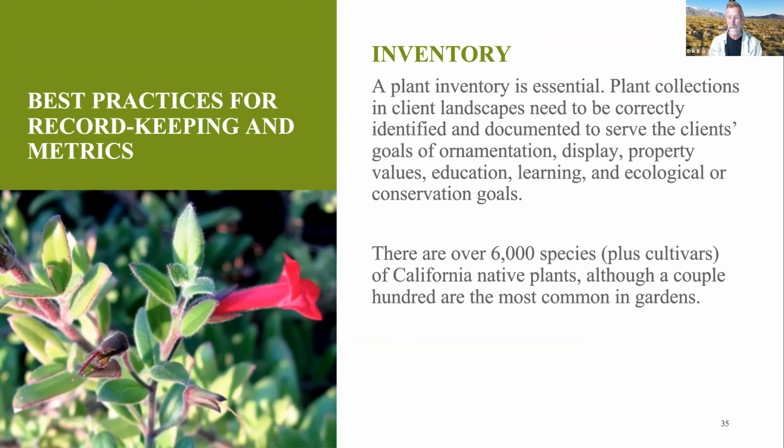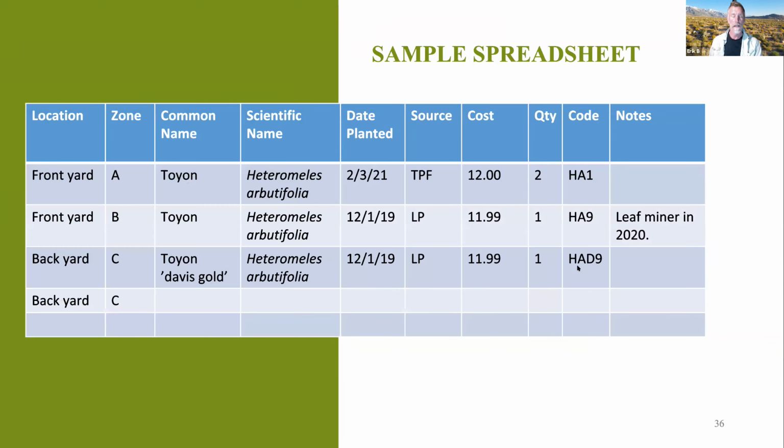But if you have an ongoing client, I would imagine you want to keep track of the plants they have. And here's an example of a spreadsheet you might create. What's in the front yard, what's in the zone. Apparently they have 2 plants and 2 zones in the front yard. I'm kidding. It's just an example.